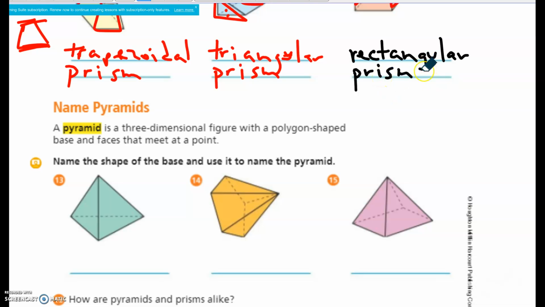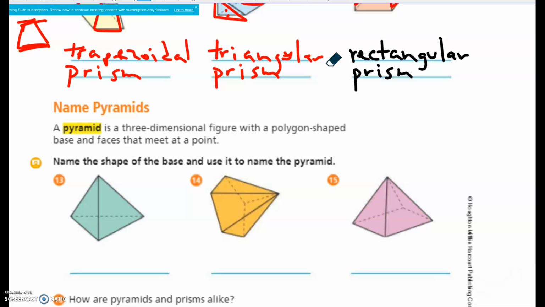Rectangle normally is GLE, and it becomes rectangular. If you were to write rectangle prism on a worksheet or an assignment or a quiz or test, I would mark it correct. Same with the triangle, because it becomes triangular. If you wrote triangle prism, I would mark that right too.